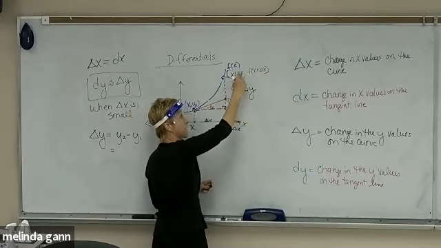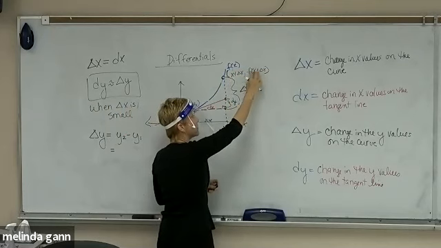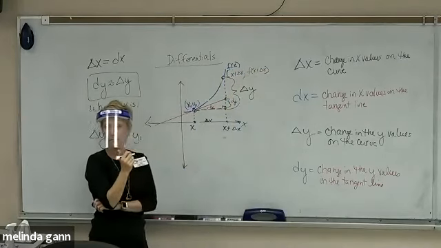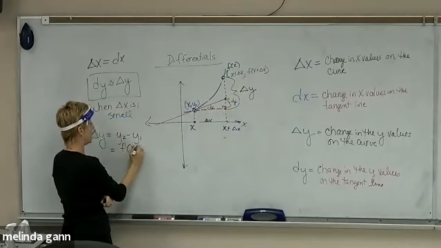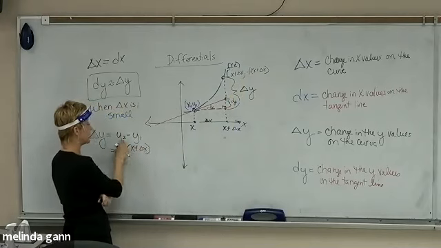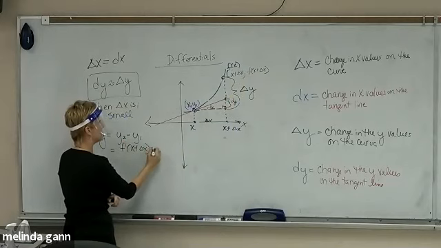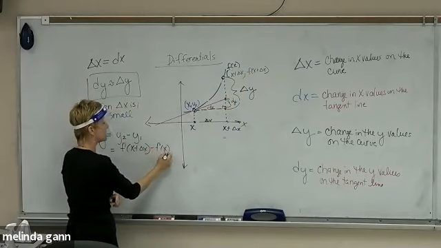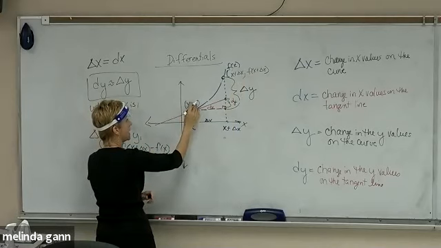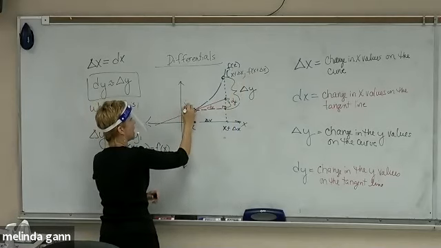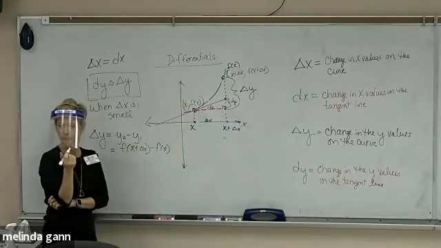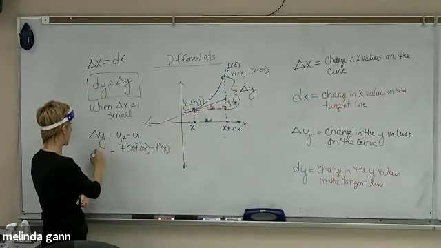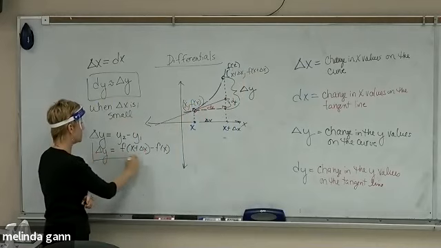I'd take my x1 and add a little bit, and then I'd plug that number into my function. So that means that I would have f of x plus delta x, that'd be really what y2 was, minus f of x. So again, instead of calling this x1, y1, I could call it x, f of x. So that's your formula for delta y.